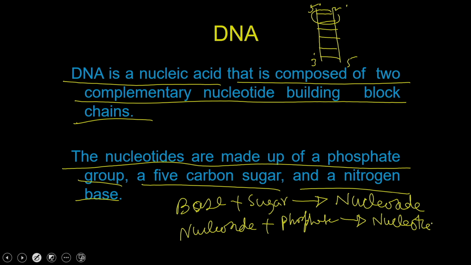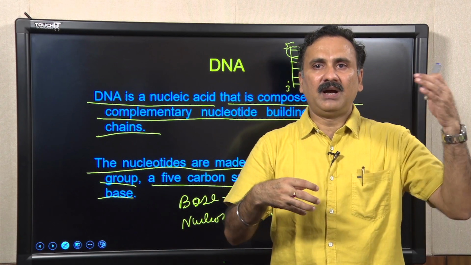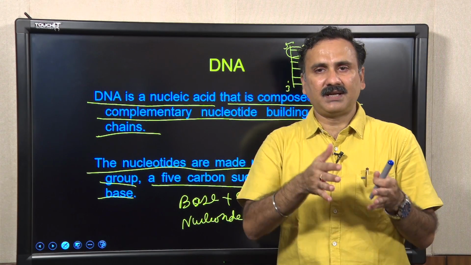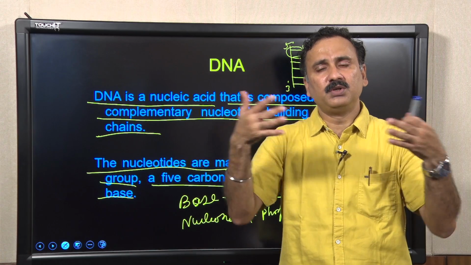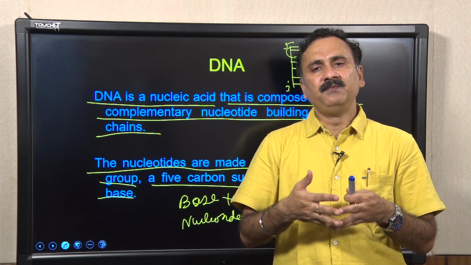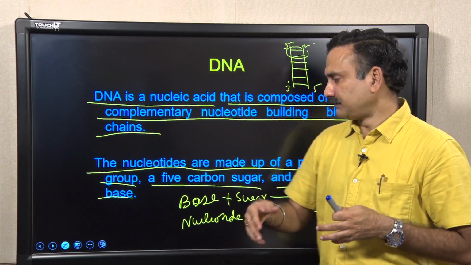So, DNA is made up of nucleotides. It is a macromolecule where you have one chain of nucleotides connected to another chain of nucleotides, and these two chains of nucleotides are complementary to each other.